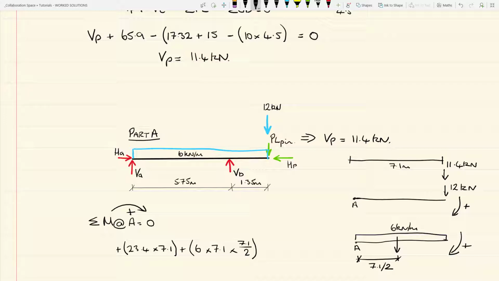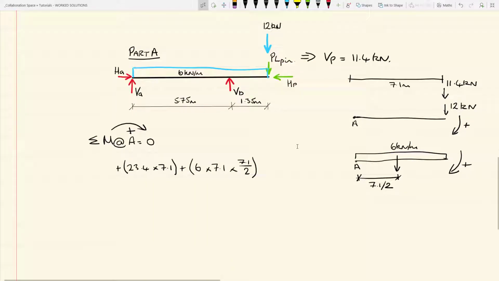We also, as previously, have to consider the reaction at B. So again, we have point A, we have our beam, we have the vertical support at B acting up. That is trying to go anti-clockwise this time. So it's trying to rotate the beam about A in an anti-clockwise direction.